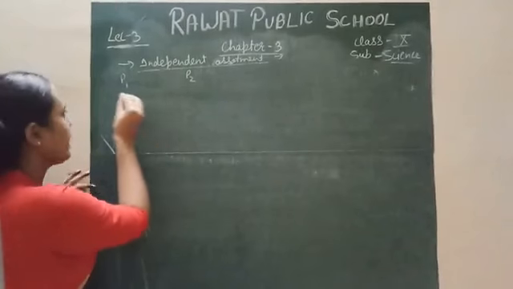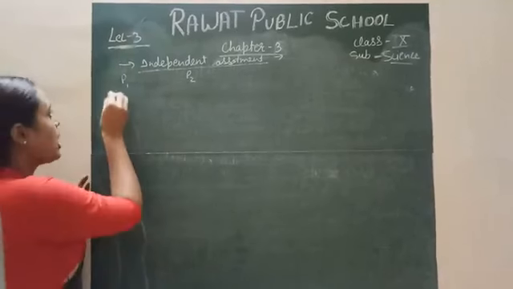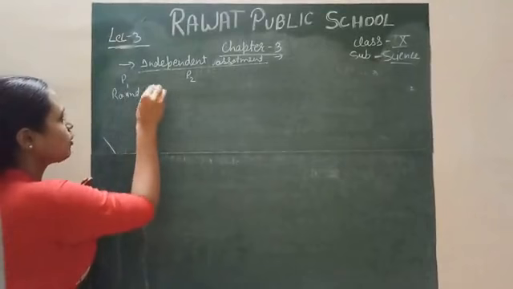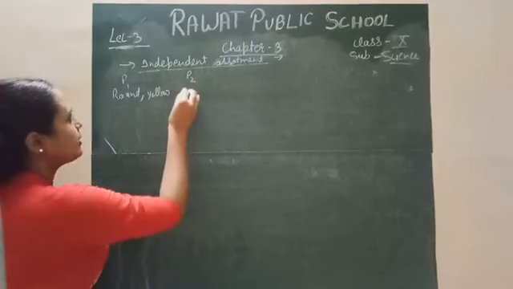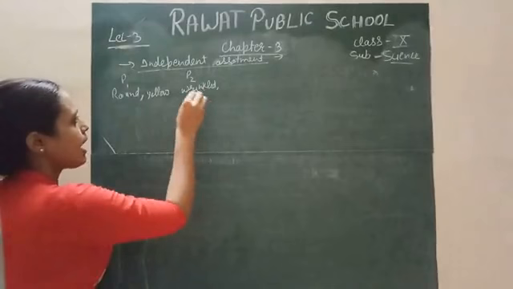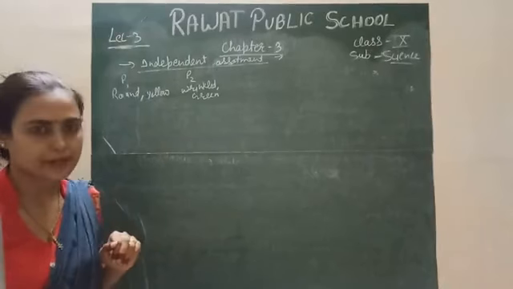Today we will take the color of the seed and the shape of the seed. The round shape and yellow color of the seed are dominant characters, and the wrinkled shape and green color of the seed are recessive characters.